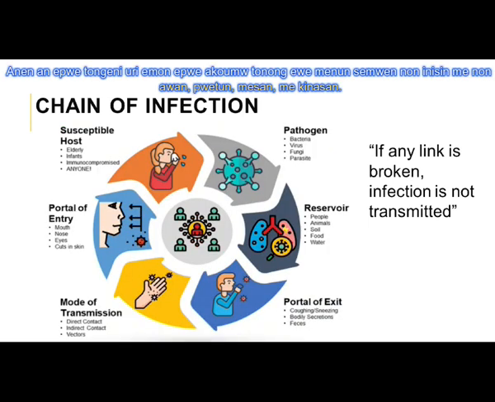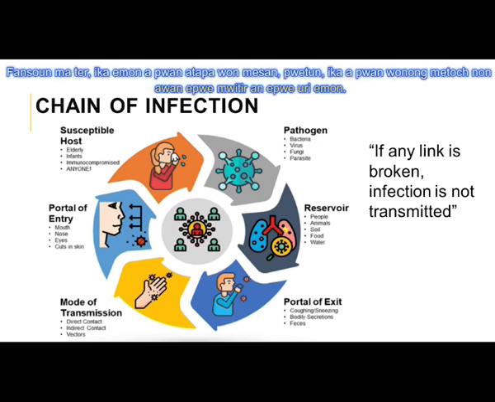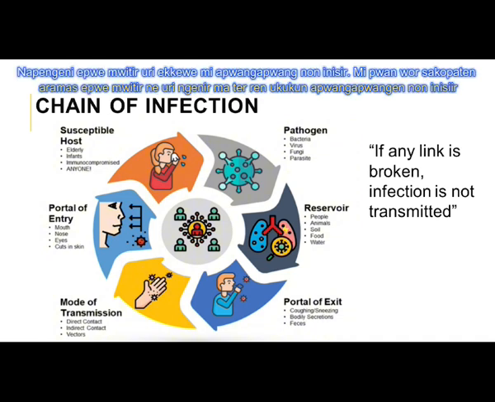And then it has to go through a portal of entry, which means how it enters the next person. It can go through the mouth, nose, eyes, or even cuts on the skin. In the case of flu, the person might touch the face, the eyes, or put something into the mouth, and then the virus will spread through the portal of entry.